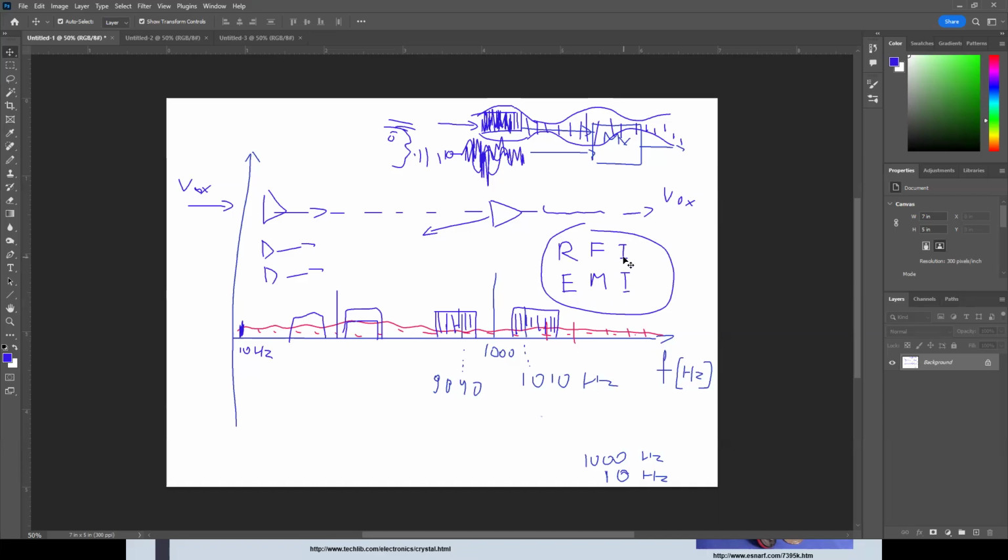And there's also the other interference that we distinguish here, which is radio frequency interference. Radio frequency interference would happen if there were another transmitter close by and the carrier frequency were too close to one of those channels. Because from here to here, we could just say it's a channel, and those channels are regulated.